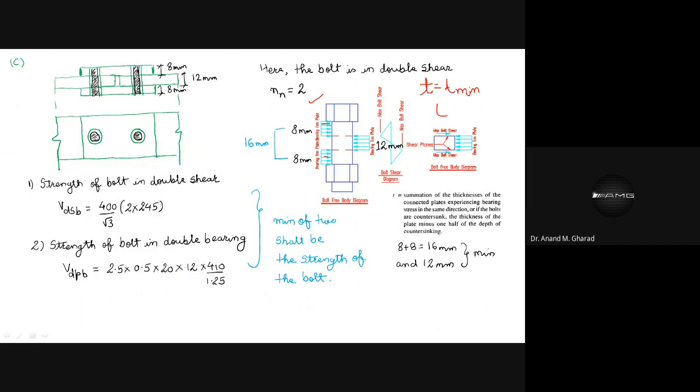So I will add both the thickness of the plates and then compare with the other plate whose bearing stresses are in the other direction. So the minimum of these two will govern my small t value. Okay, I will come to this in the next part of the discussion.